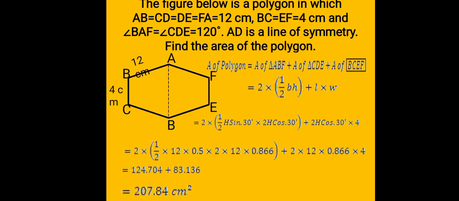The area will be 2 multiplied by half base times height, plus length times width. Now, the half base of those 2 triangles is h sin 30, and the height is h cos 30, and the length is 2h sin 30 times the width, which is 4 centimeters.